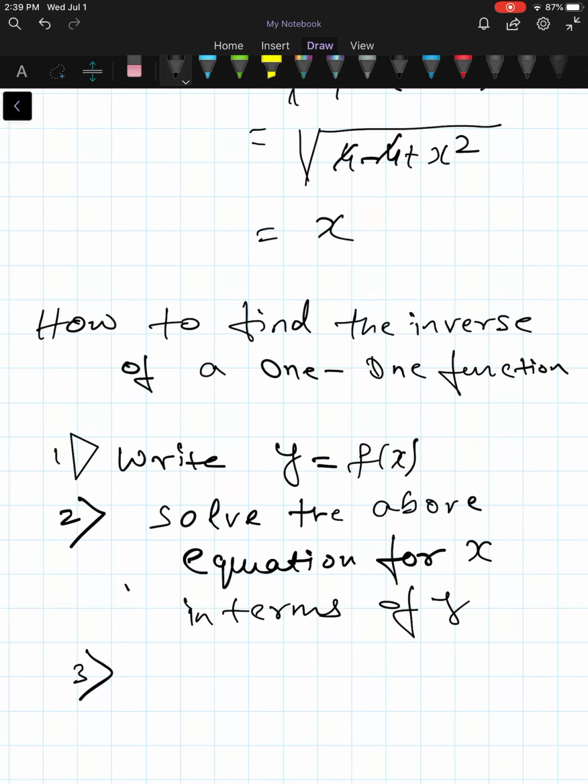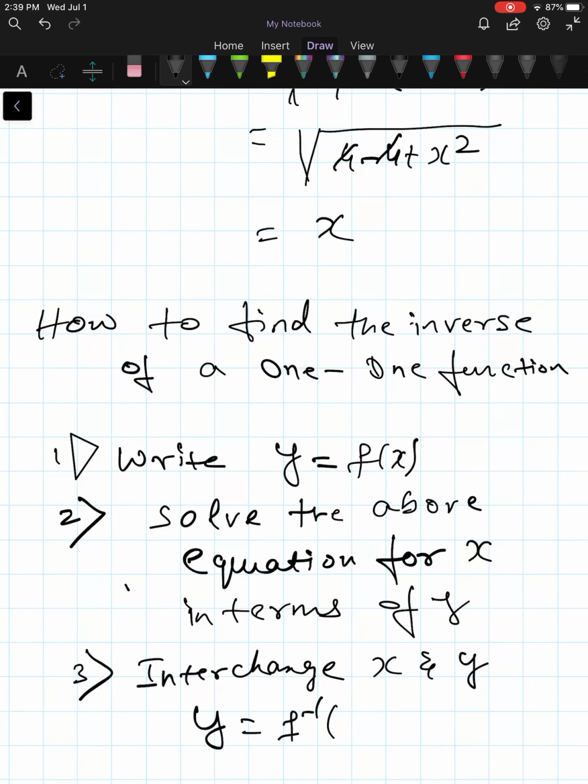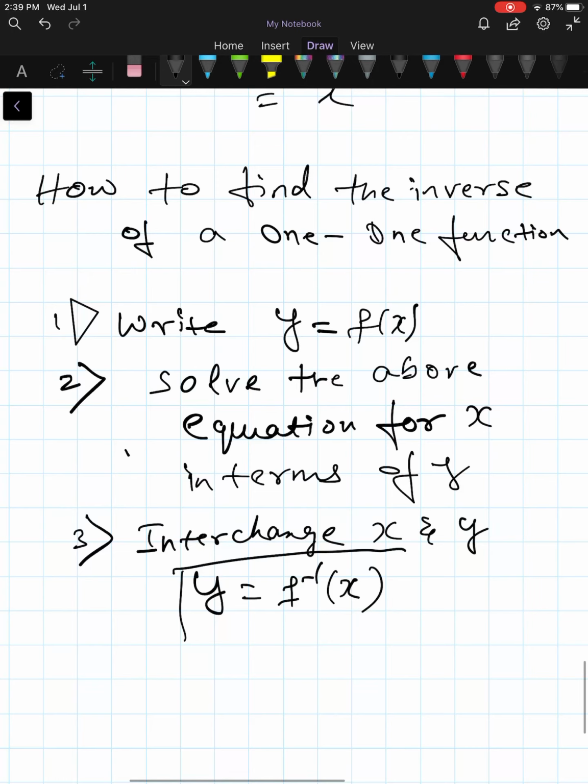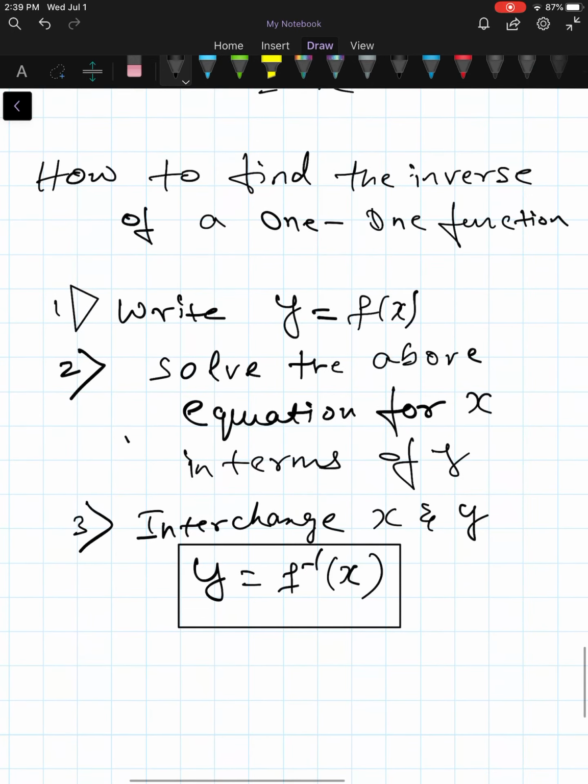Okay, third, then interchange x and y. Interchange x and y. So you will get the resulting equation to be y is equal to f inverse of x. So this is how you find out the inverse function. We will use this procedure and solve some problems.